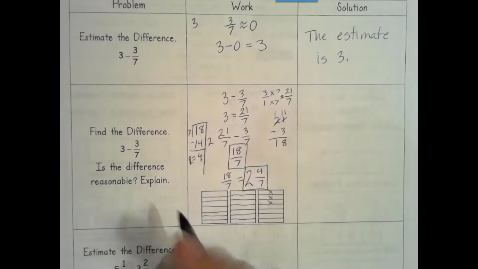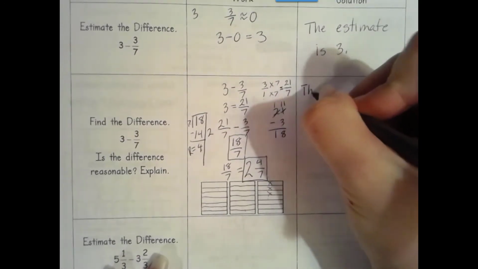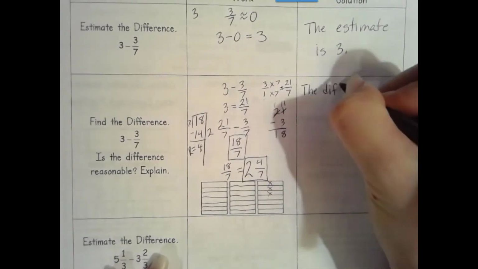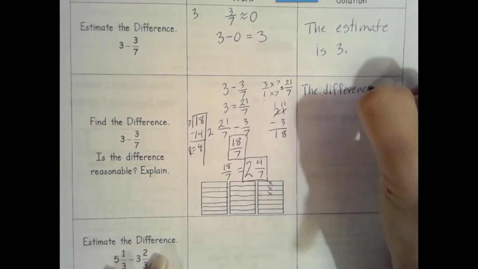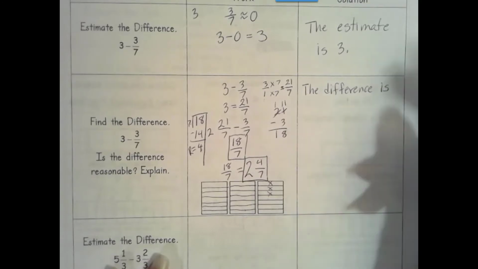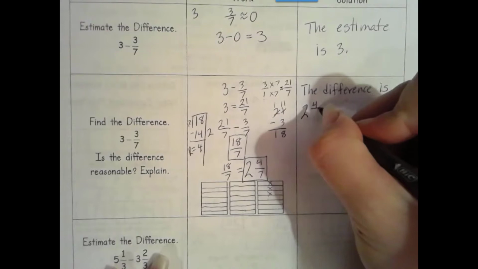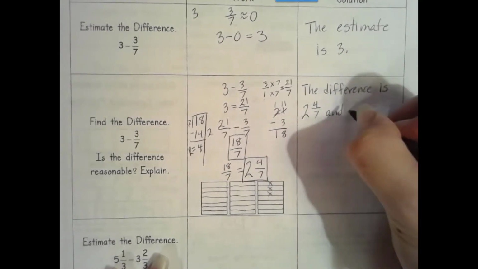So now we need to answer, is it reasonable? The difference is, because remember this is a subtraction problem, and so we look for the difference, 2 and 4 sevenths, and it is reasonable.